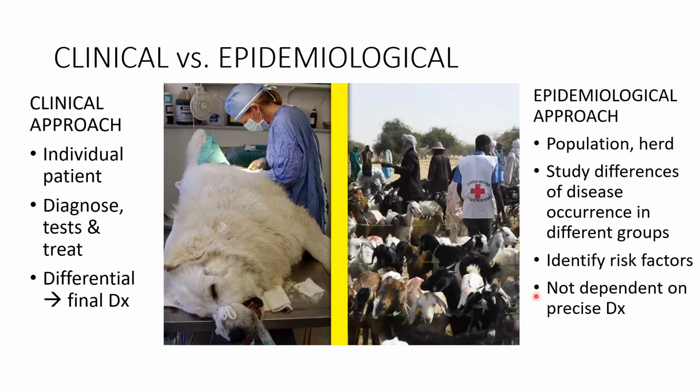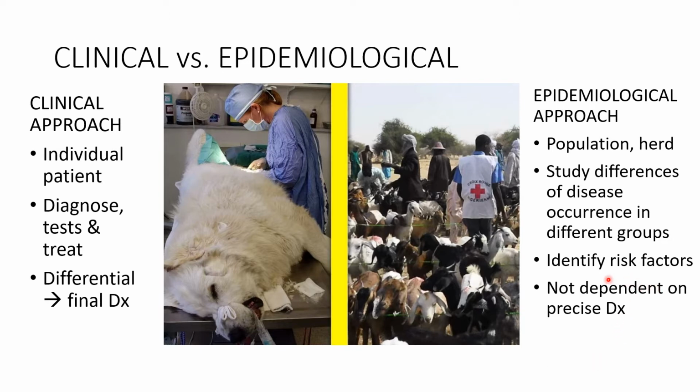And in the epidemiological sense, we are not dependent on precise diagnosis. Rather, let me make a clarification on this. Yes, diagnosis is important for us to identify the cause of the health phenomenon, but what is important to us is that we are able to control and eradicate or eliminate the illness and prevent it from occurring again.